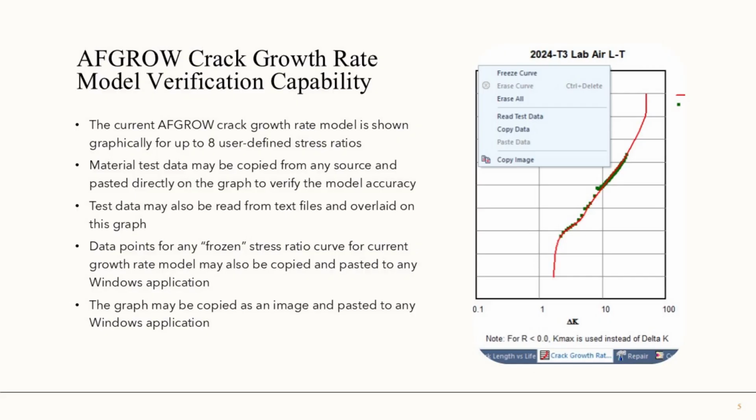So the big issue for me with AFGROW was to always plot your model so you can see it. And even better, if you could then paste raw data on top of your model, that would give you a way to validate your model. So that was a really important issue. And I think people who have used AFGROW for a long time have probably taken advantage of that. But this is a way for you to say, look, whatever model I'm using, how well does it compare to test data?